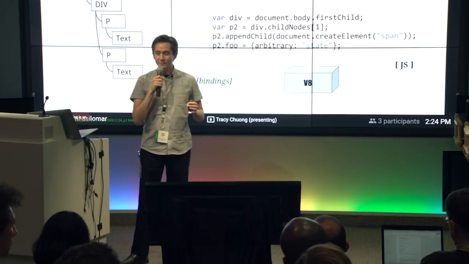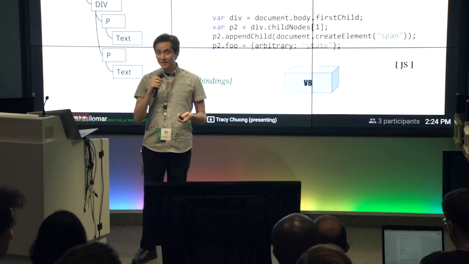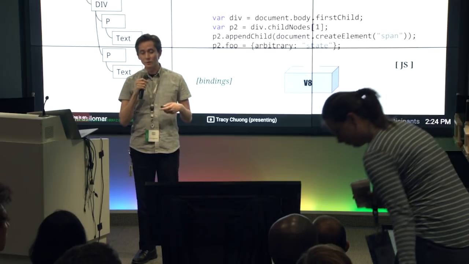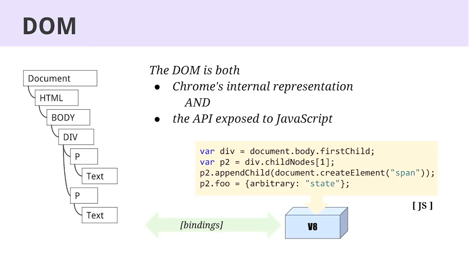The DOM serves double duty as both the internal representation of the page and the API exposed to JavaScript for querying or modifying the rendering. So the V8 JavaScript engine exposes DOM web APIs as thin wrappers around the real DOM tree through a system called bindings.